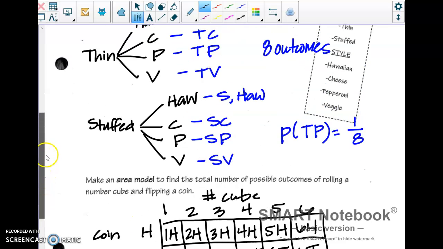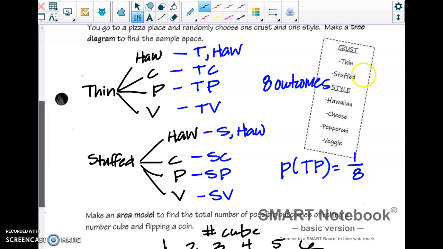If we go back to our pizza, there were 2 options for crust and 4 options for style. 2 times 4 makes 8 possible outcomes. So if you're just looking for the number of possible outcomes, you can multiply the number of each one by the other. So 2 crusts times 4 styles makes 8 outcomes.